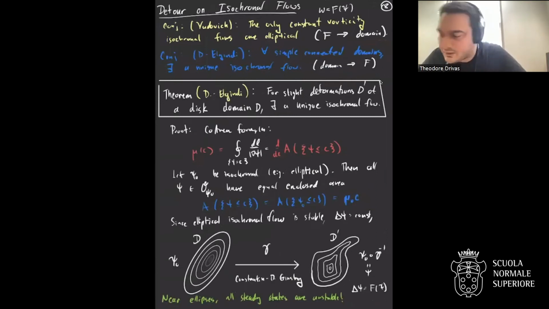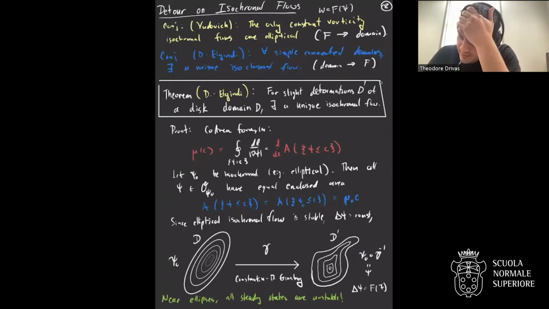And so in a way, it's saying that the profile of the vorticity determines the domain. This conjecture, I'm not completely sure about. There seems to be some evidence, not yet a proof, that this may be false, that there may be other domains with constant vorticity isochronal flows that are not elliptical. But I won't say anything definitive about that.